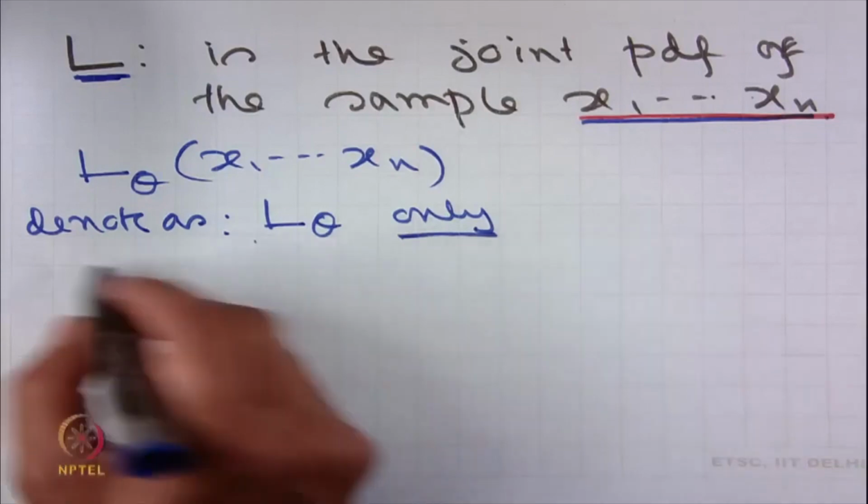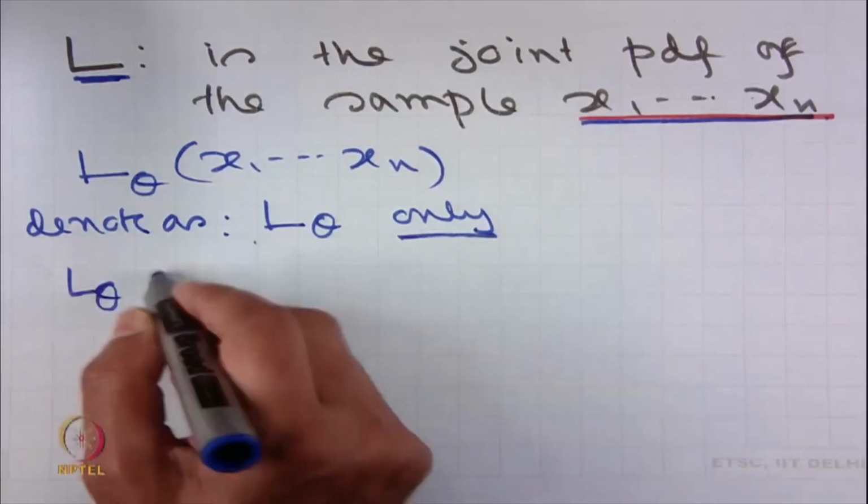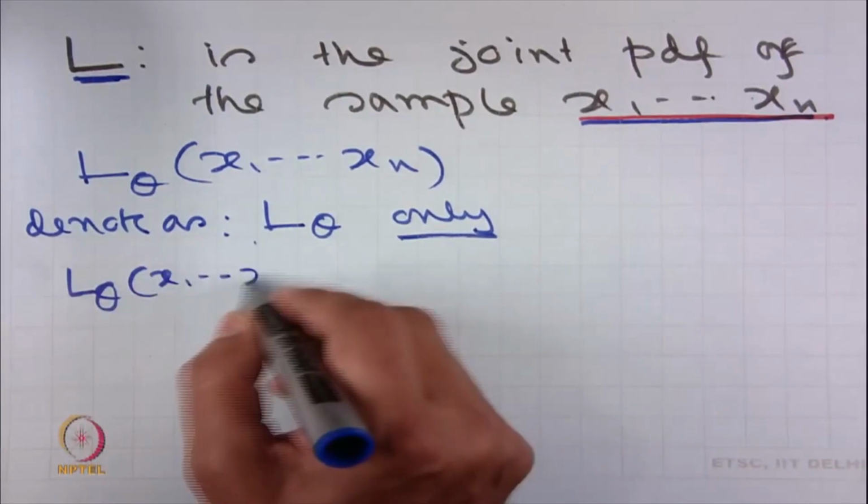Now, what is L(theta) or L(theta; x1, x2, ..., xn)?